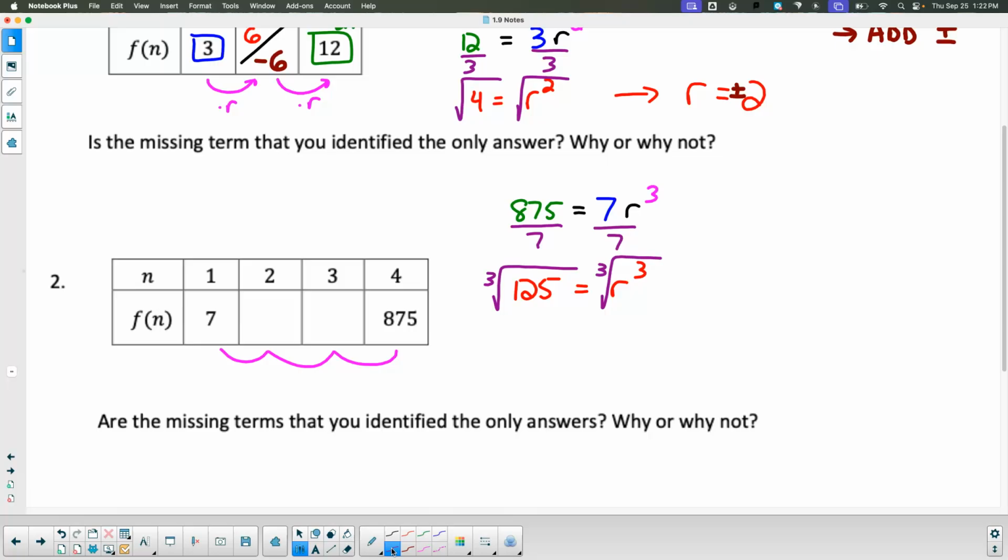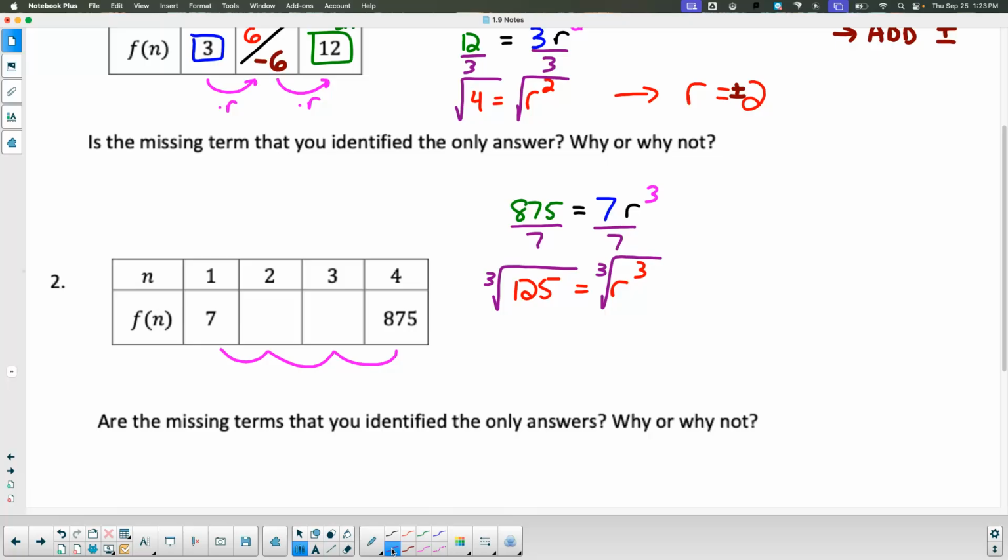Now your calculators are all kinds of different on how we do this one. Some of your calculators, like if you can see what you're typing in, like these wonderful TI-30Xs, you would type in 3, then the second, and then you would type in 125.